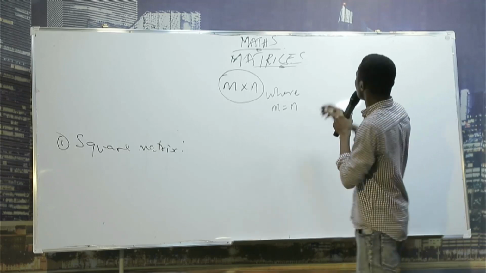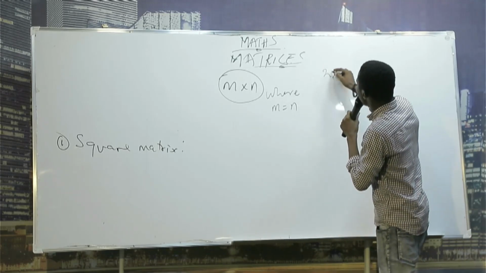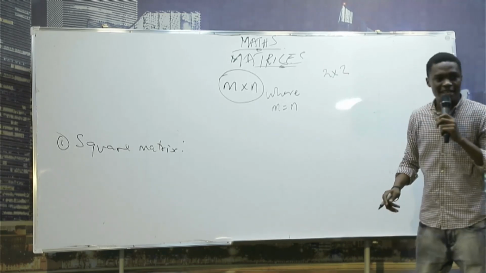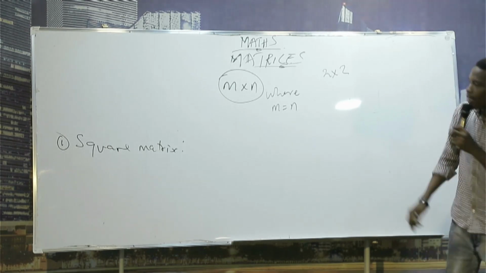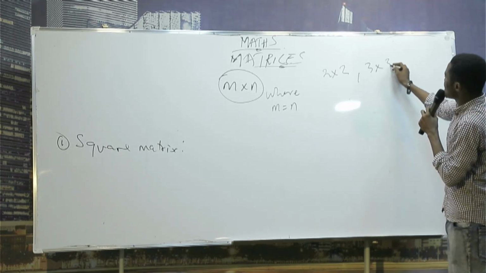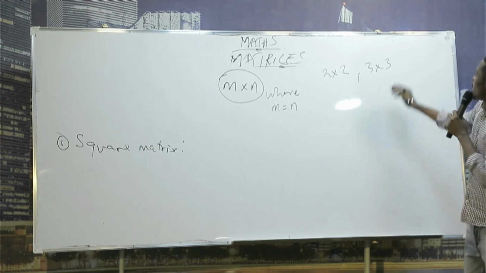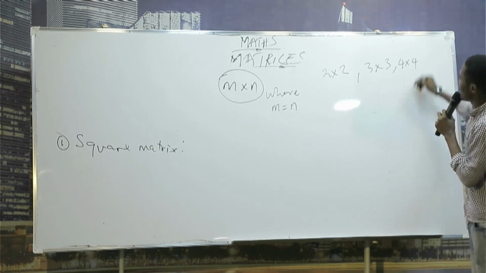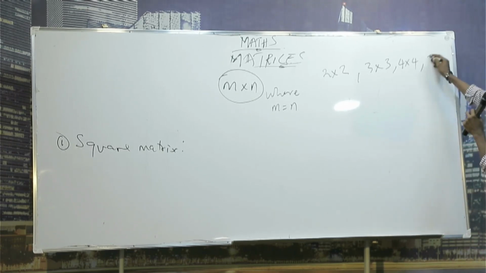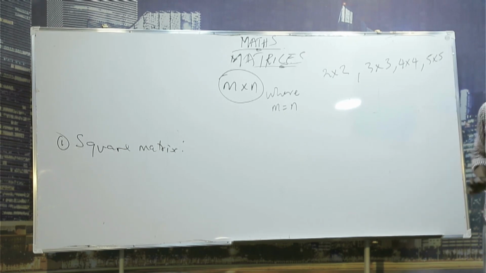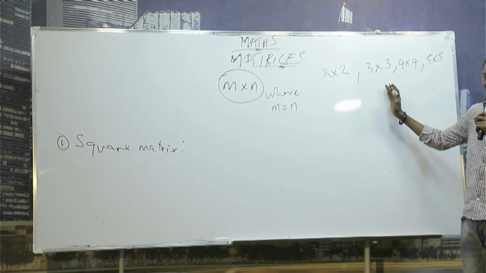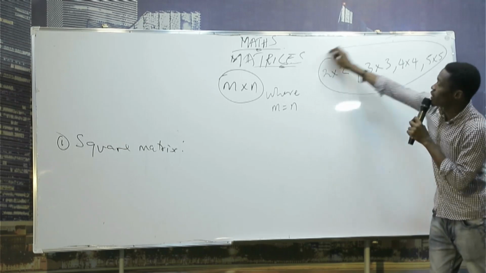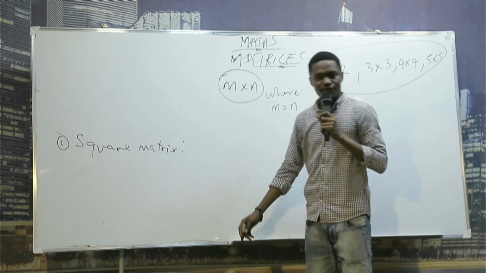So if I say something like a 2 by 2 matrix, is it a square matrix? A 3 by 3 matrix, is it a square matrix? A 4 by 4 matrix? What about 5 by 5? And so on. Once the number of rows and columns are the same, what kind of matrix do we call that? Square matrix.